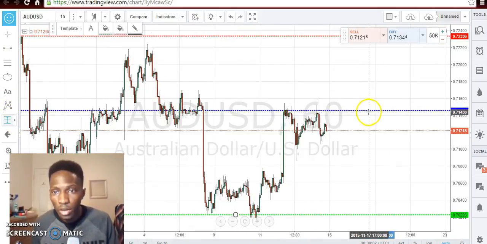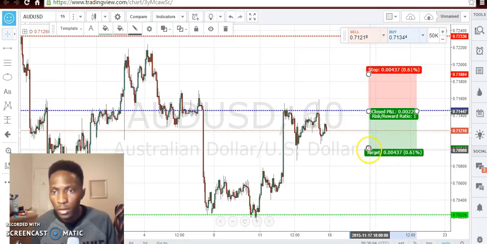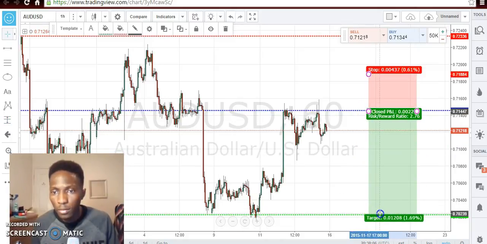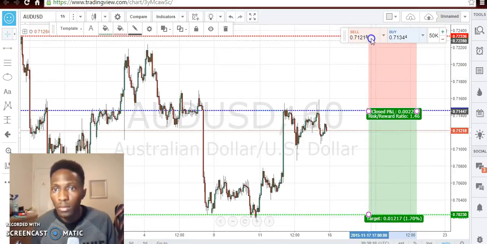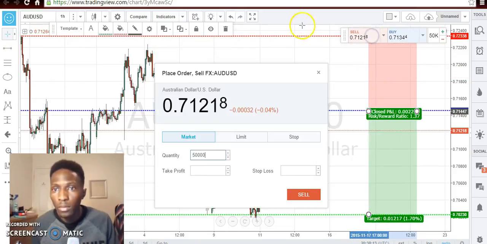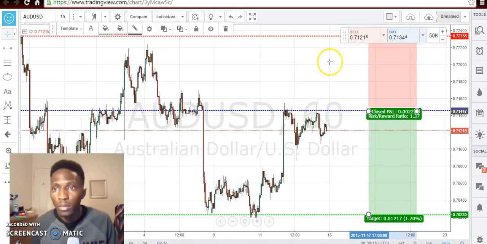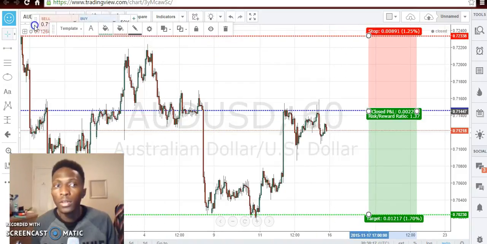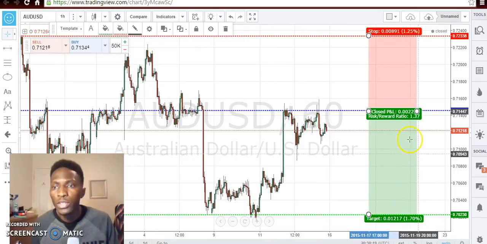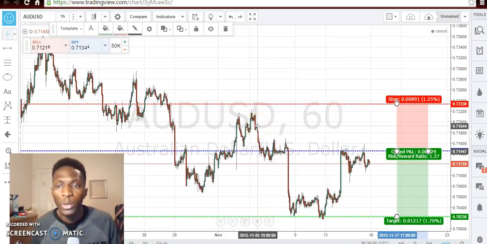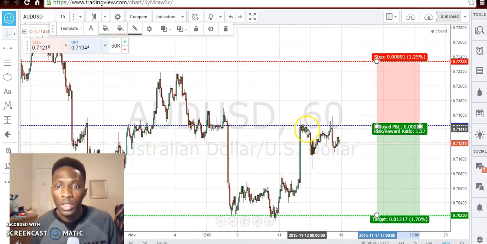So let me just go ahead and confirm that. So there we go. We got a risk to reward ratio of 1.37 to 1. So this is a valid opportunity to short this market when trading opens on Sunday.